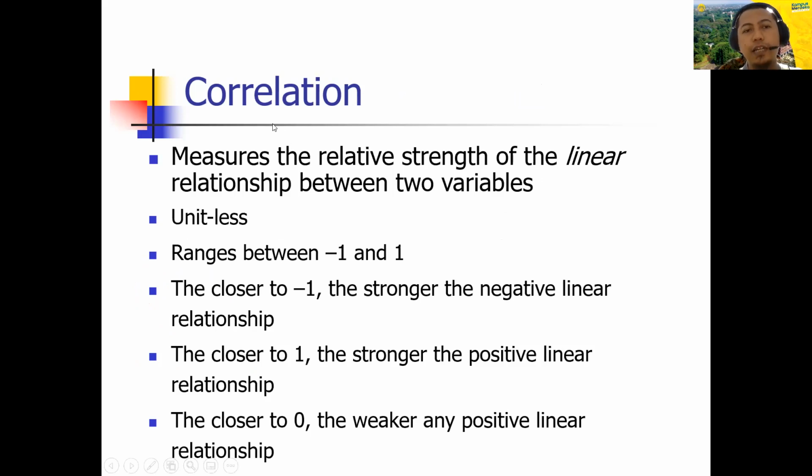This is the meaning of correlation. Correlation measures the relative strength of the linear relationship between two variables, in this case x and y. How strongly are x and y correlated? How strongly does y depend on the variable x?